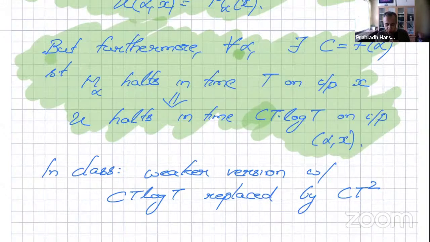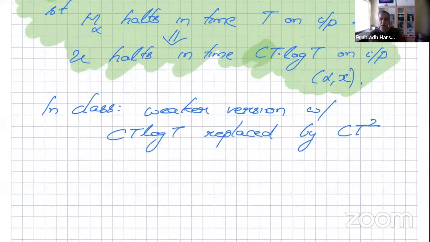We won't prove the full strength of the theorem. The book in the first chapter has a proof of this. It's a fairly involved proof, and it's interesting, so I'd like you to go look at it. We won't ask you on it, but we'll need the statement of this theorem. It was proved by Hennie and Stearns, followed by Pippenger and Fischer, showing that the overhead can actually be improved from t square to t log t.